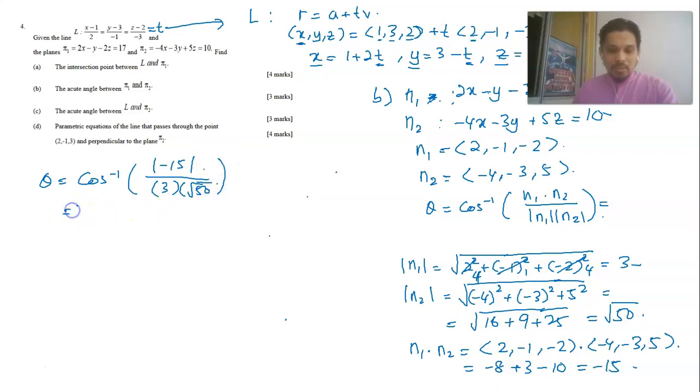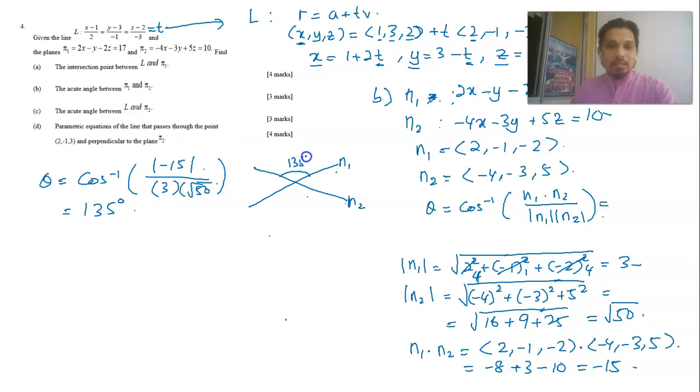Okay, so this one is going to give you 135 degree. So the angle between, okay, is just something like this. This is a line of n1 and n2. So 135 is an angle something like this.